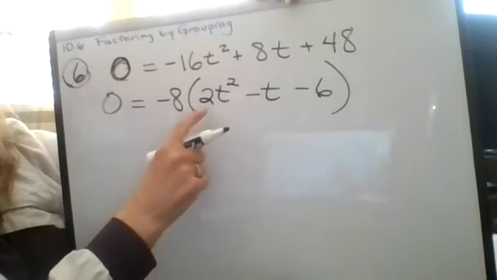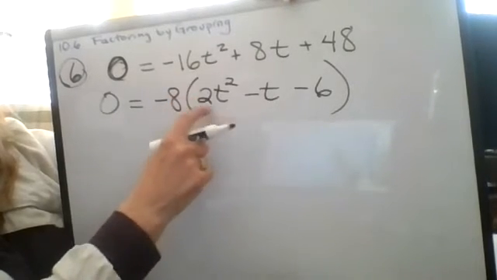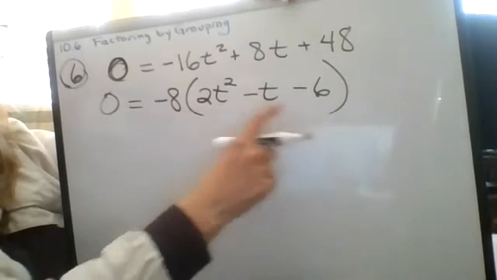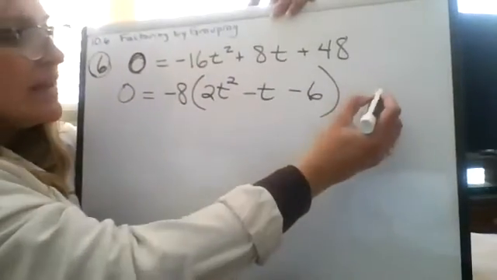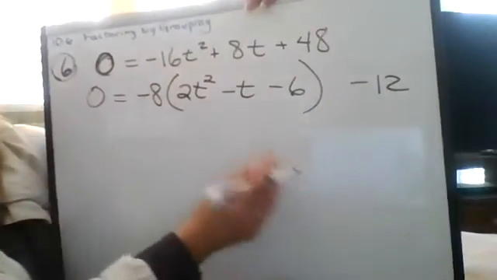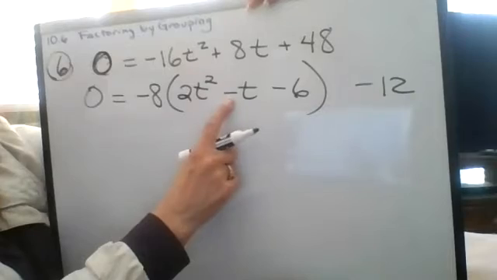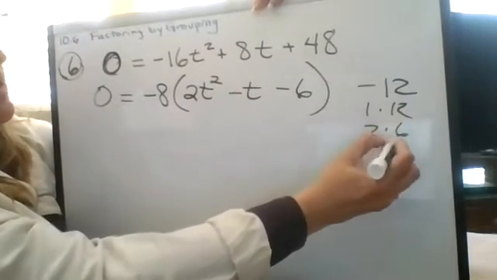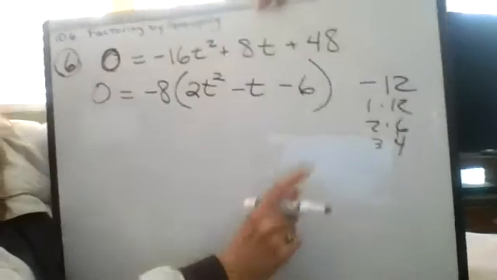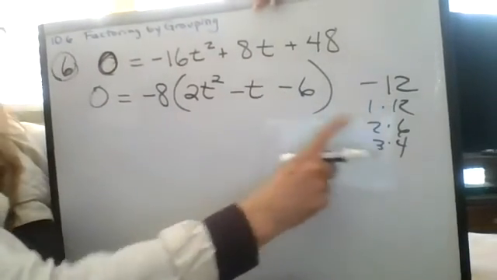So now here I go again. I have a leading coefficient and an ending coefficient. I'm going to multiply them together, and I get -12. So give me factors of -12, and I want to end up with a -1. Of course, I've got 1 and 12, 2 and 6, and 3 and 4. Because this is negative, one's positive and one's negative.